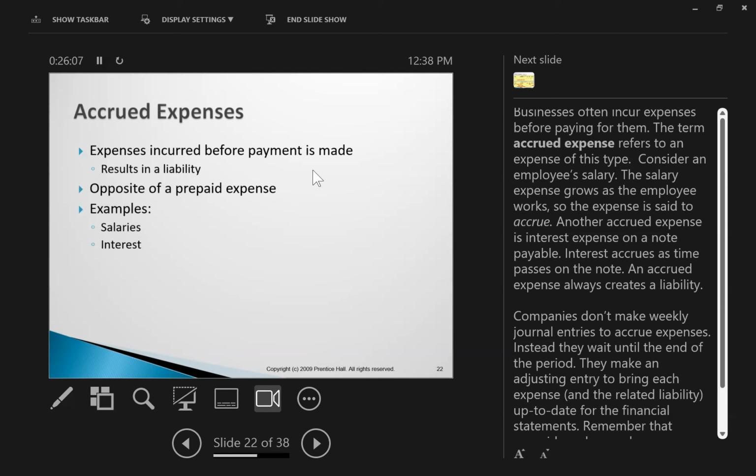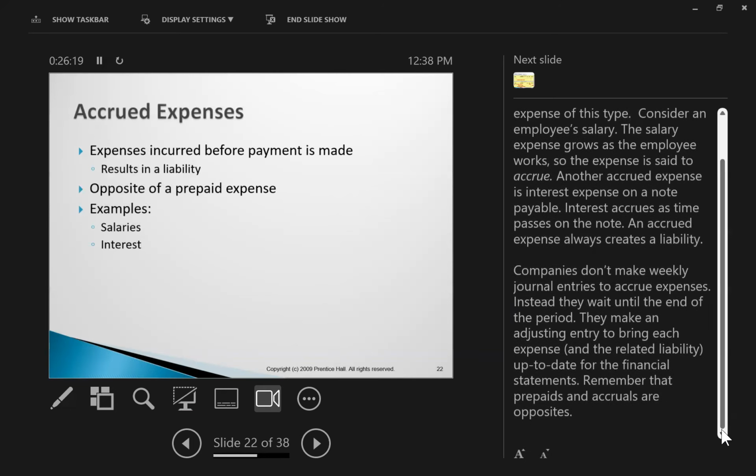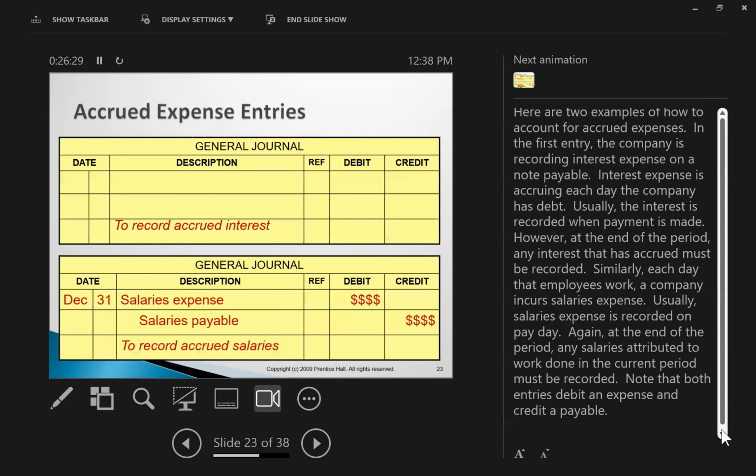Okay. Now, companies don't make weekly journal entries to accrue expenses. Instead, we wait until the end of the period, and then we make an adjusting entry to bring that period up to date for the financial statements. Now, as an example, take salaries. When it comes to salaries, a lot of people are paid every two weeks.